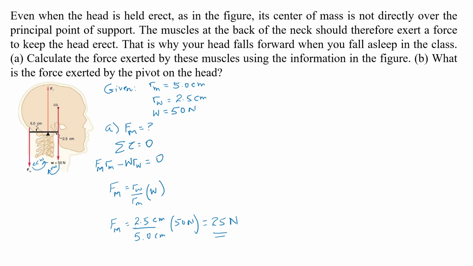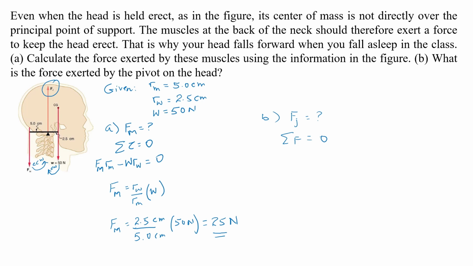And B is asking us to calculate the force exerted by F sub j. Alright, so this force here. And we know the summation of all forces must be equal to 0 in order for it to be in equilibrium.